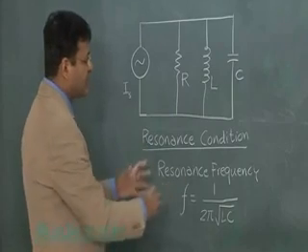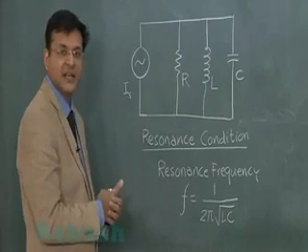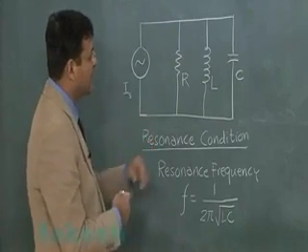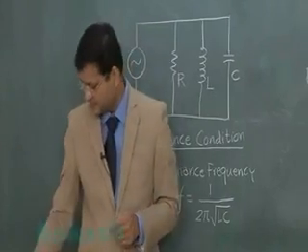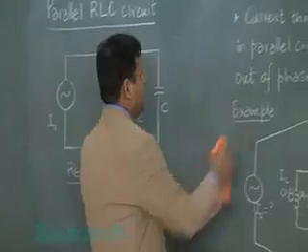That means for this particular frequency, since the current is minimum, the parallel resonance circuit is also called the rejector circuit. You understand?